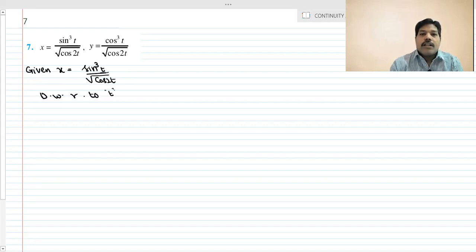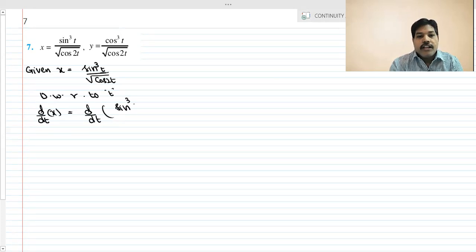Why? Because the parameter is t. So I will apply d by dt of x is equal to the derivative of sine cube t by root cos 2t.